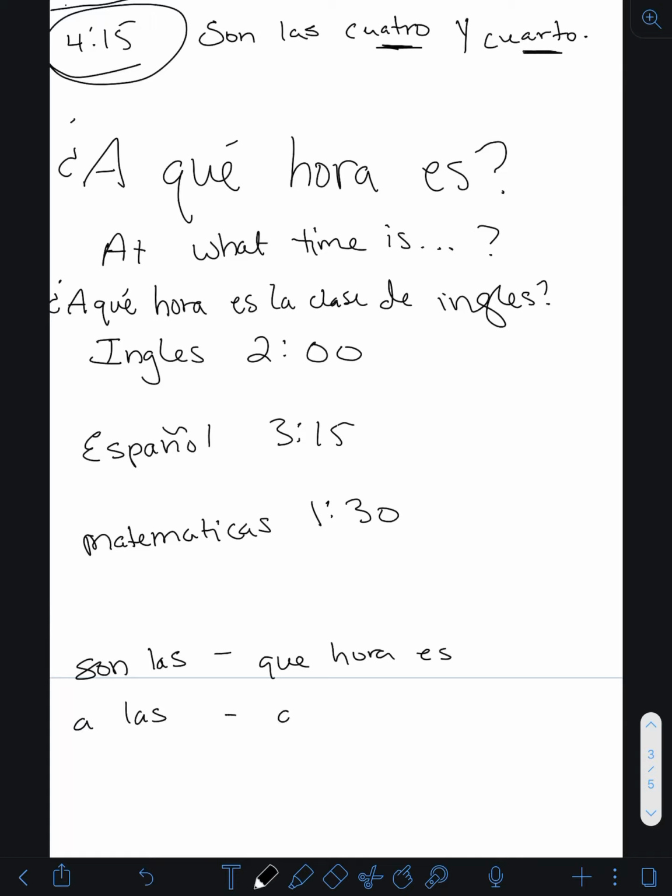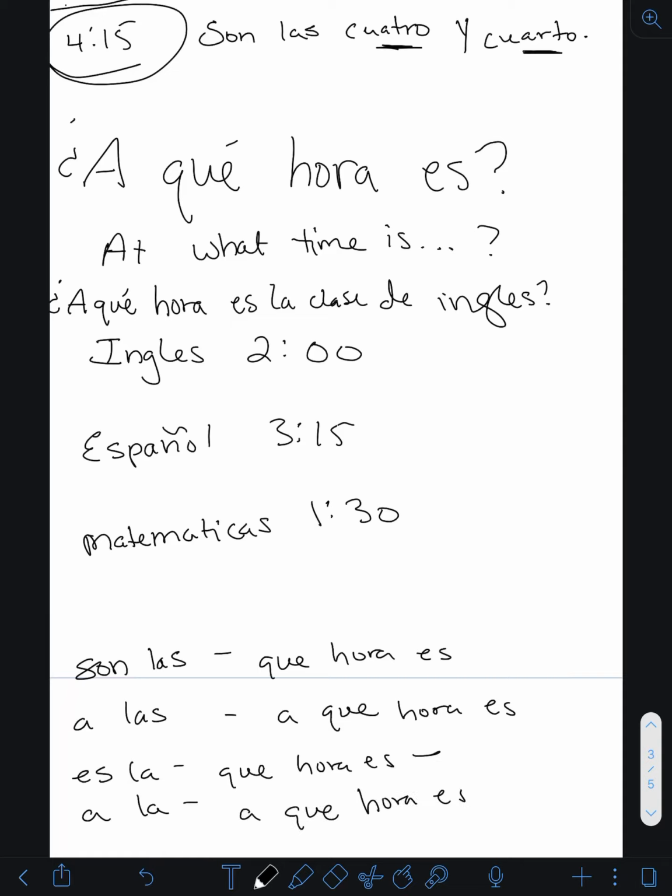A las answers a qué hora es. Unless what? It's singular. So es la is qué hora es. A la is a qué hora es. This means what time. This means at what time.